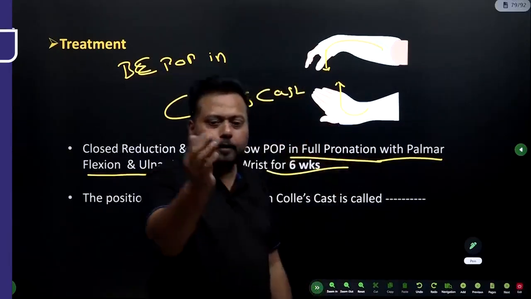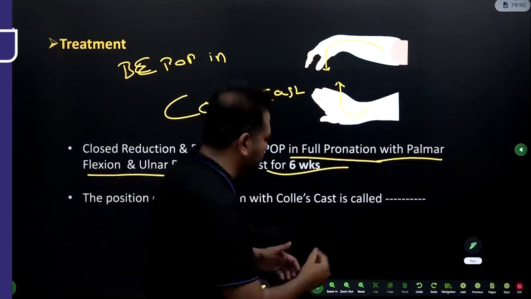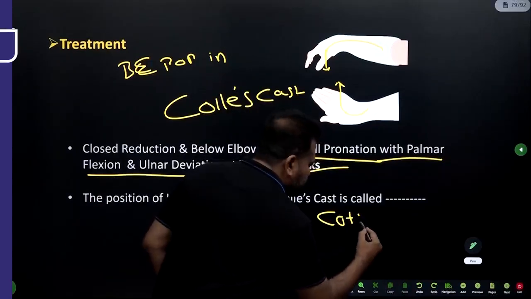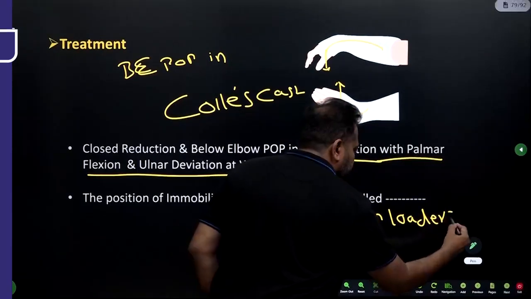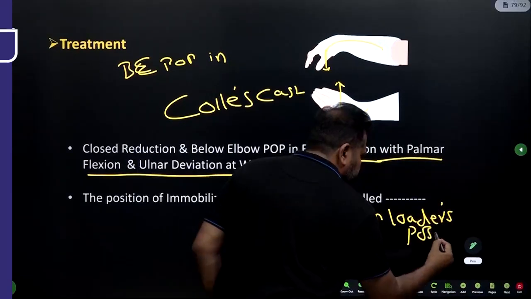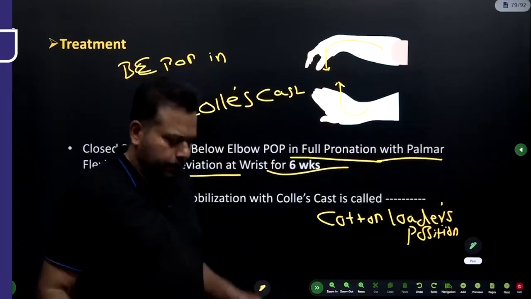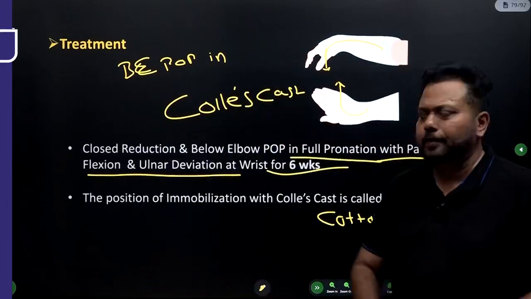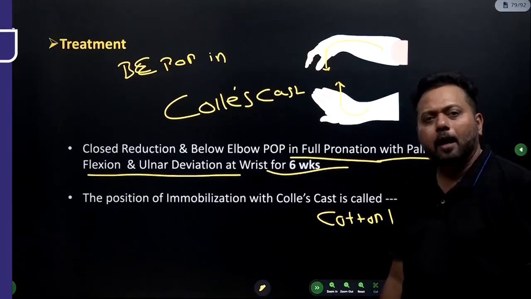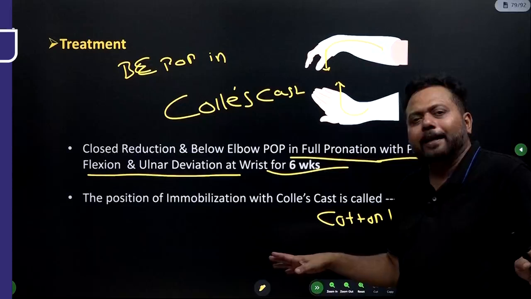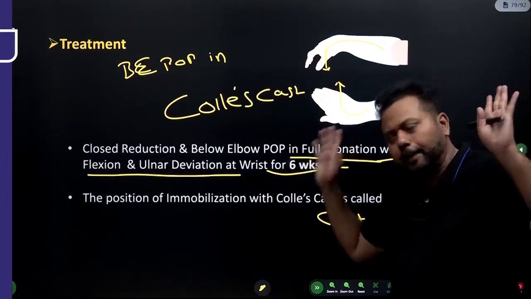This position is called cotton loaders position. For 6 weeks, it will heal excellently because this is happening in corticocancellous area, which easily forms a callus and heals, and it's extra articular. So no need for surgery in Colles fracture.